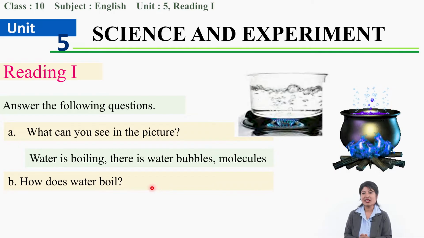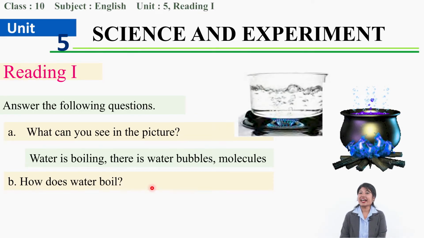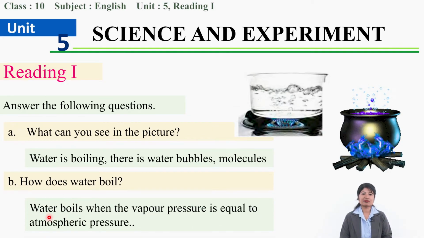Okay, then next question is, how does water boil? So you might say that when we put water in the fire or gas, the water is boiled. The common people might answer like this. But you have to tell the answer in the language of science. And when you give answer in language of science, we can say like this.